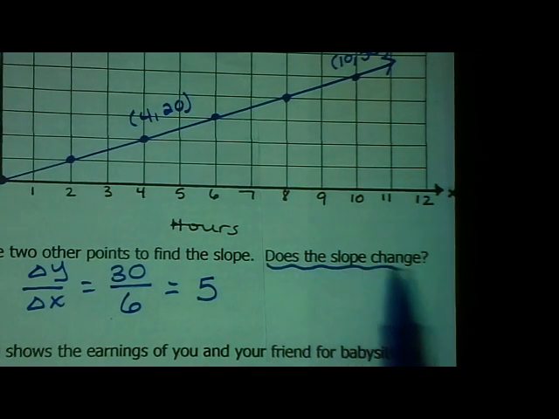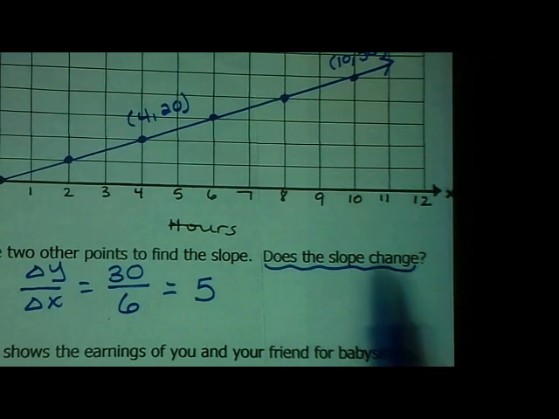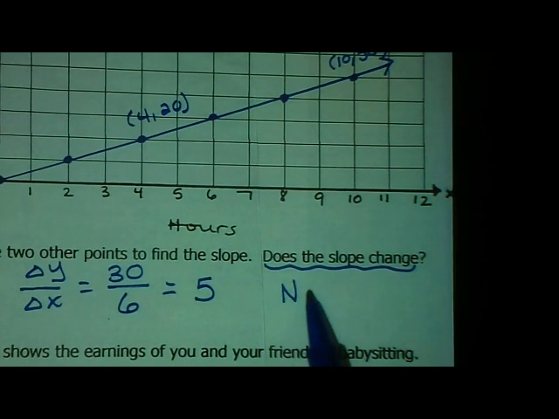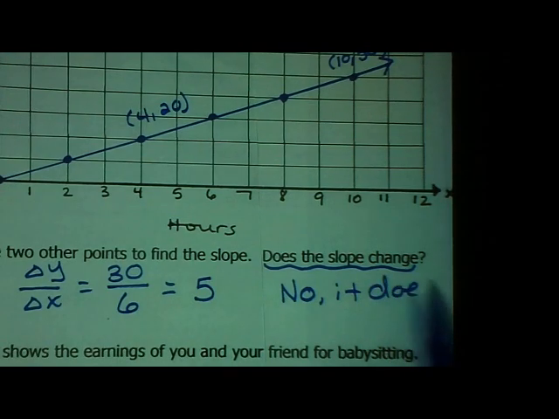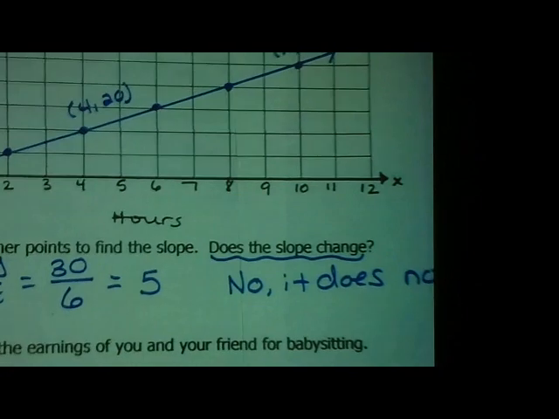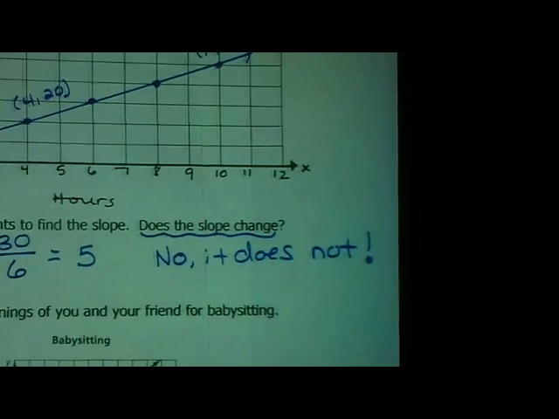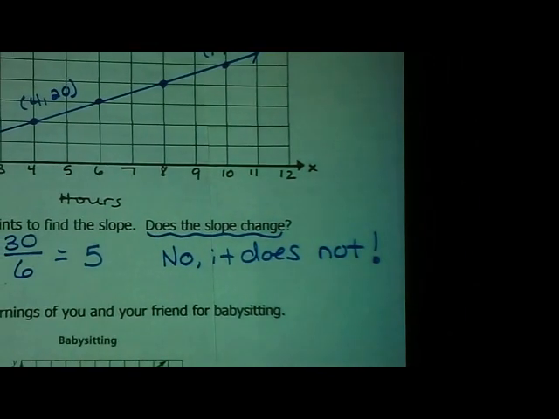Look at this question. Does the slope change? We must answer no. It does not. Go ahead and put an exclamation on that. We're very excited about that. No, it does not change. All right.